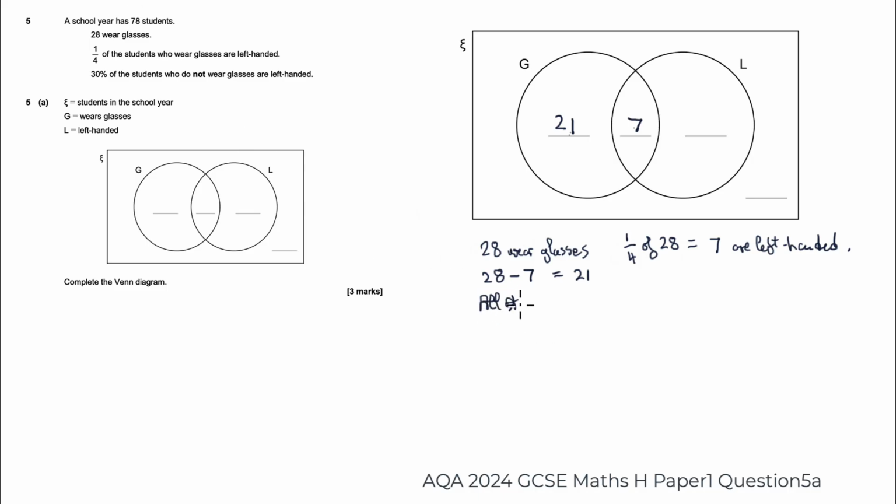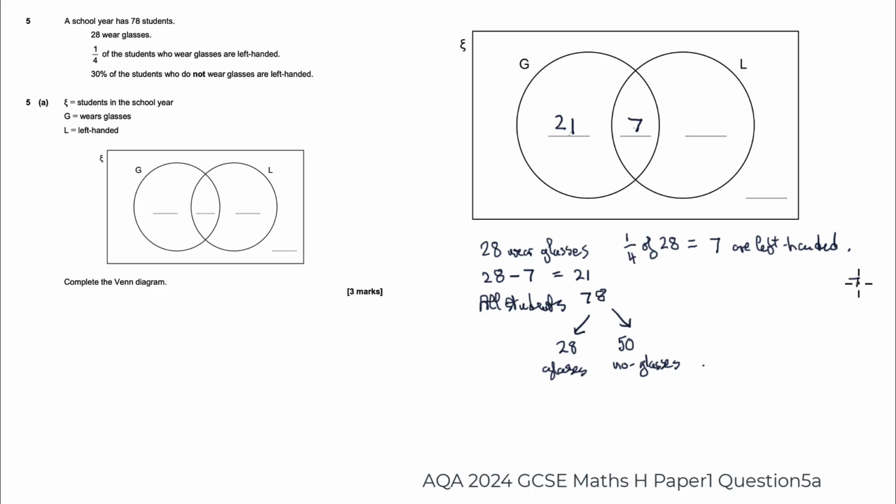Now if you take all the students, there's 78 of them. Some of them wear glasses, 28 we know, and the rest don't wear glasses. Now how do we find out how many don't wear glasses? We take 28 away from 78, that would give us 50.